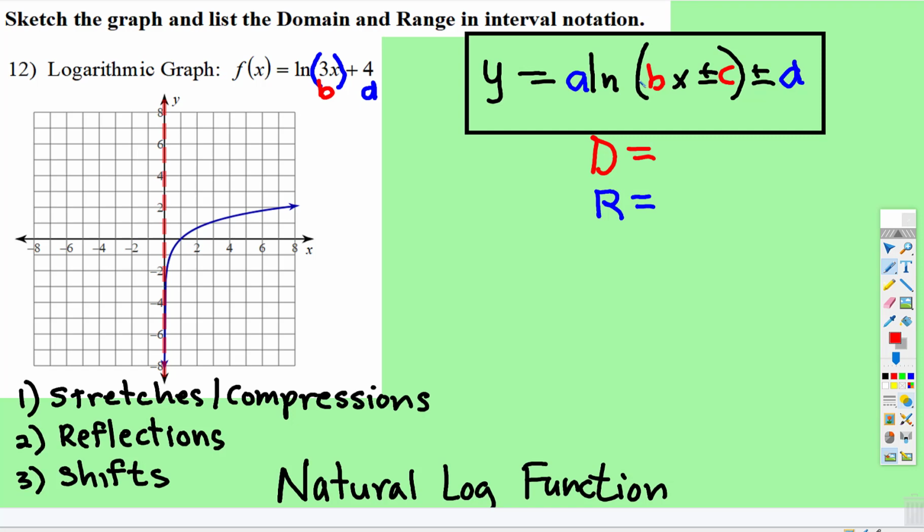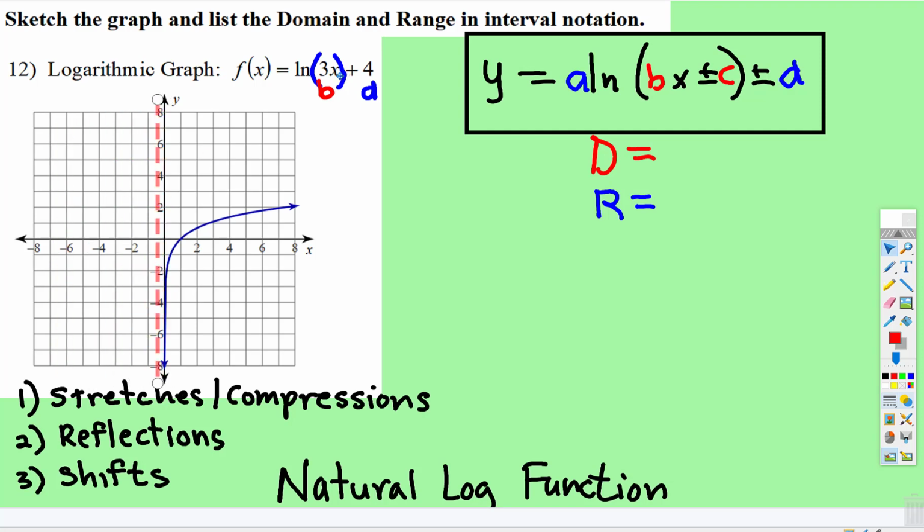I do want to point out that the log and exponentials are inverses. So the exponential has a horizontal, logarithmic has a vertical asymptote at where x is equal to 0. So when there's a shift horizontally, the asymptote gets shifted.